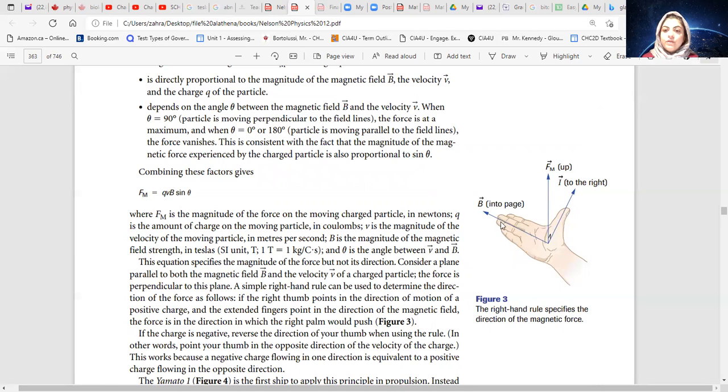You put your forefinger in the direction of the magnetic field, your thumb in the direction of the charge moving, and the direction of your palm will give you the direction of the force. Here, your palm is facing up. That's why the direction of the force is up.